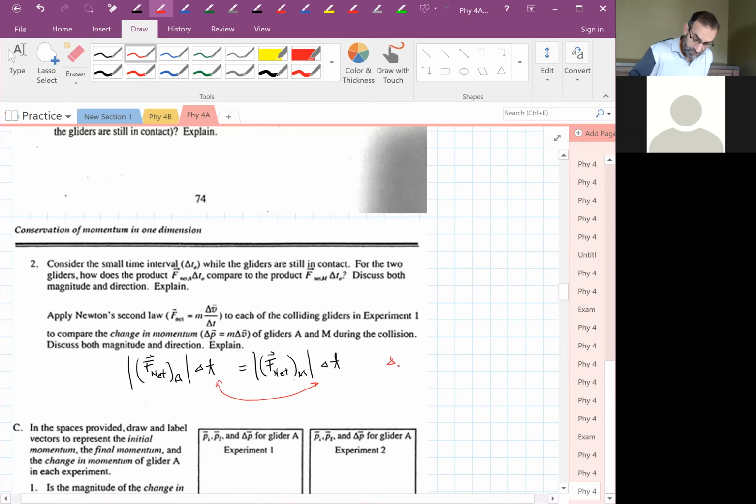Here, I'll put it. And we said the force is the same. So these are equal.